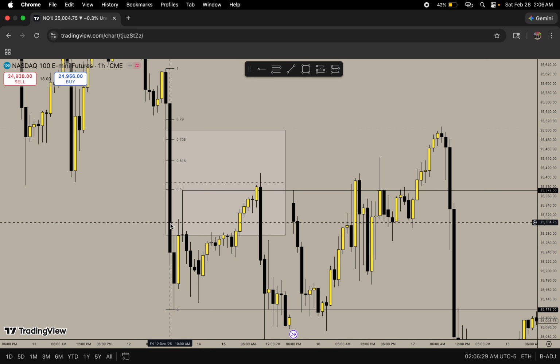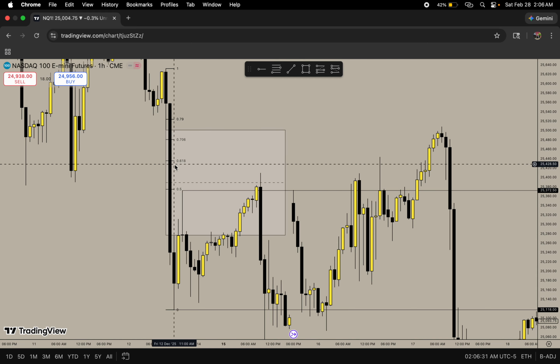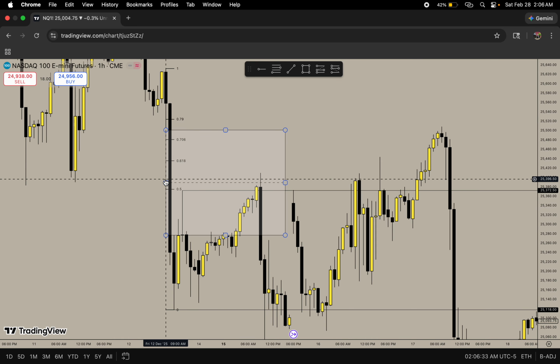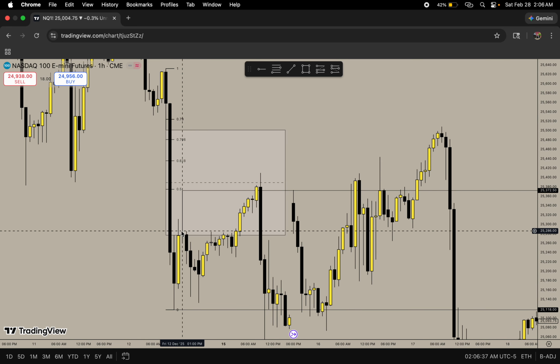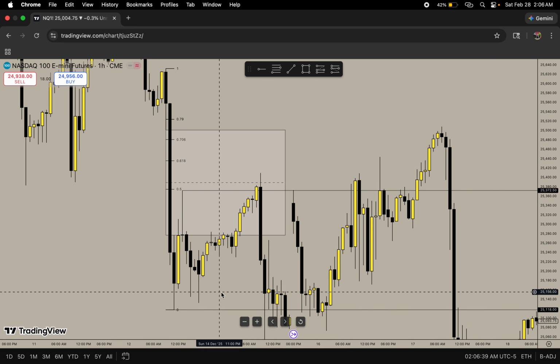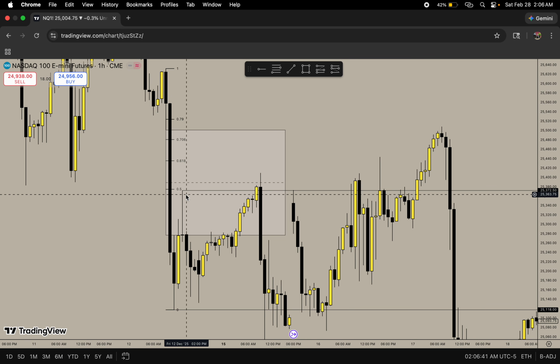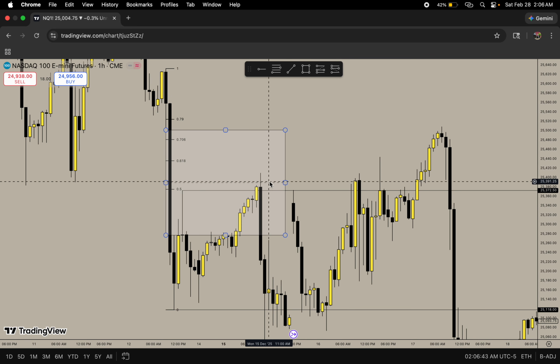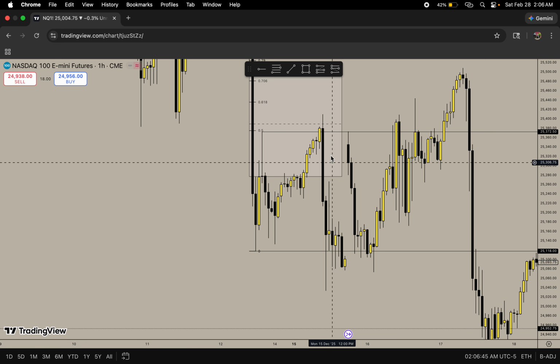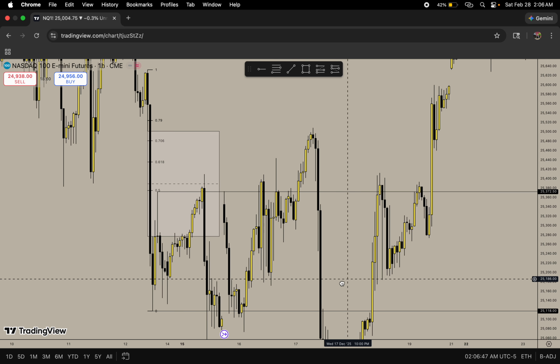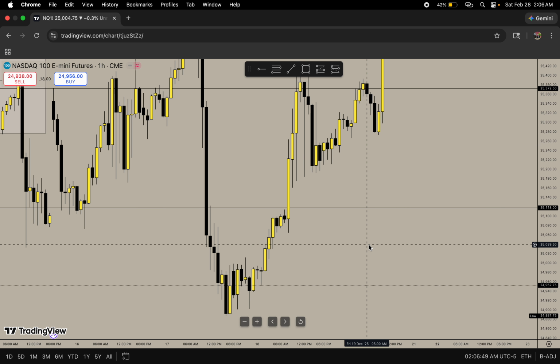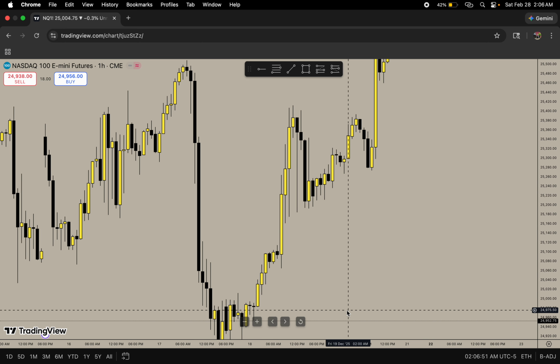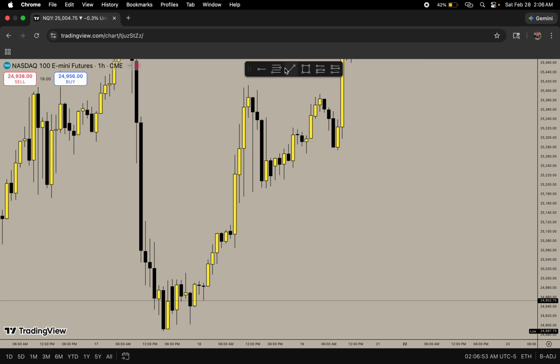Price starts here, finishes here. 0.5, 618. Price goes into it once, taps to 0.5, fails, goes up above, sweeps the high, taps back above the CE, displaces lower. It's just things like that. Like, they kind of make it obvious.